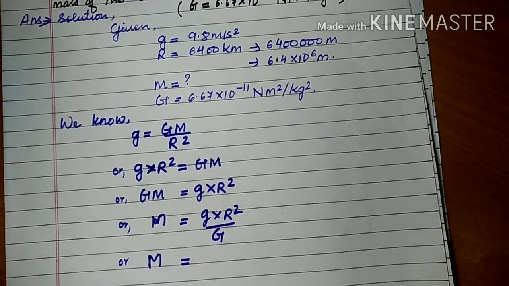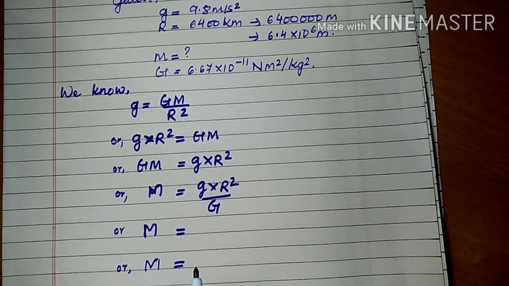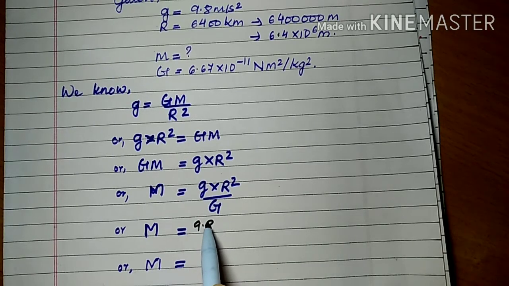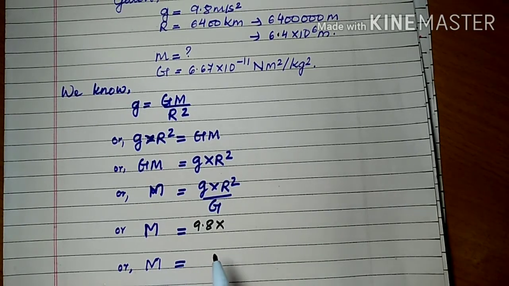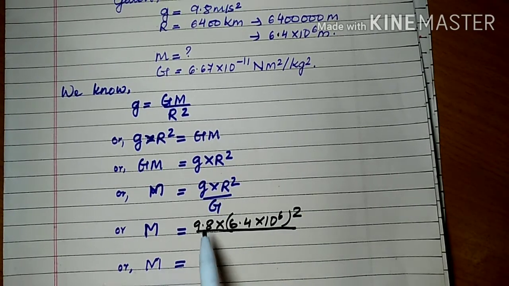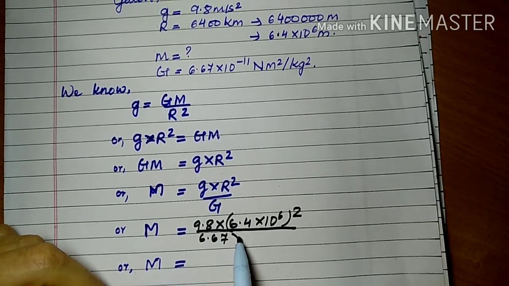Now we are going to substitute the values of this. g is given here, 9.8 meter per second square. And the radius is 6.4 into 10 to the power 6, whole square. This square is over here, and divided by capital G, which is 6.67 into 10 to the power minus 11.